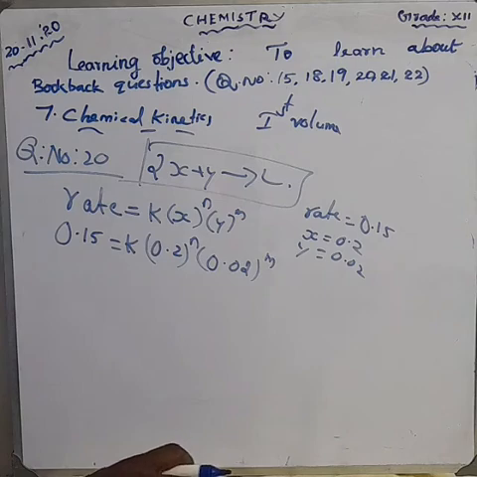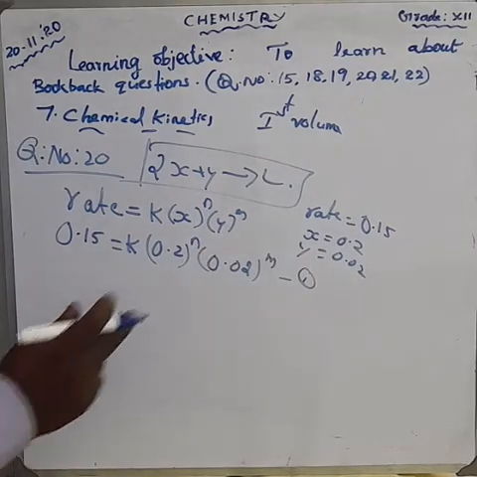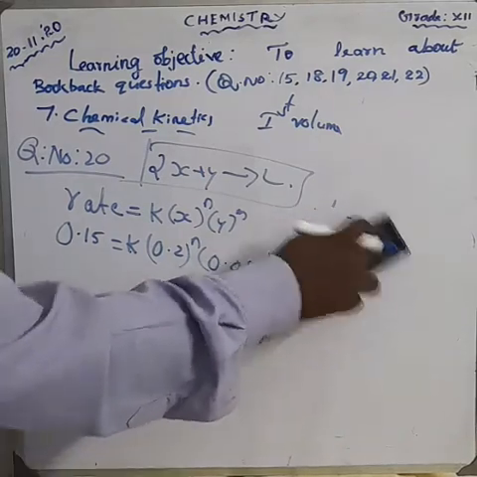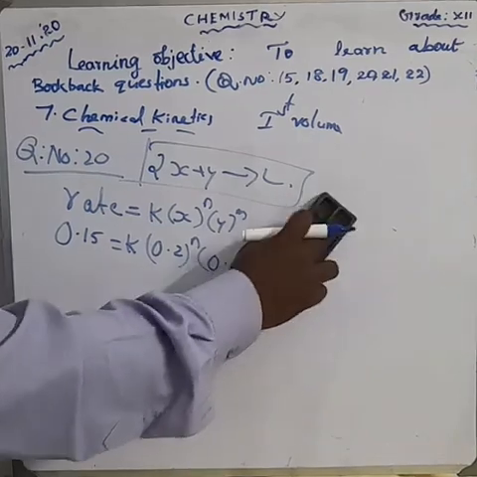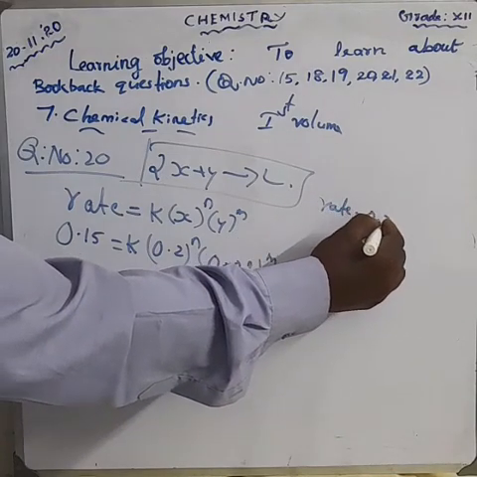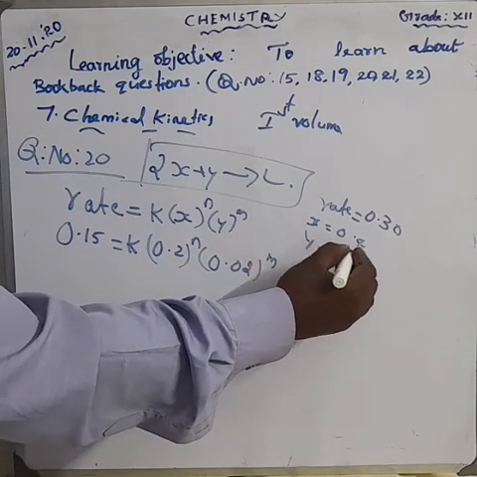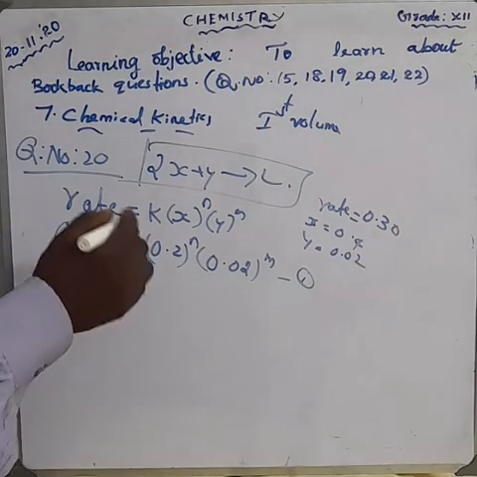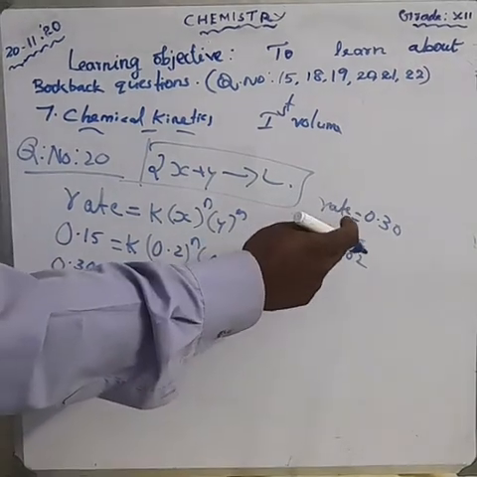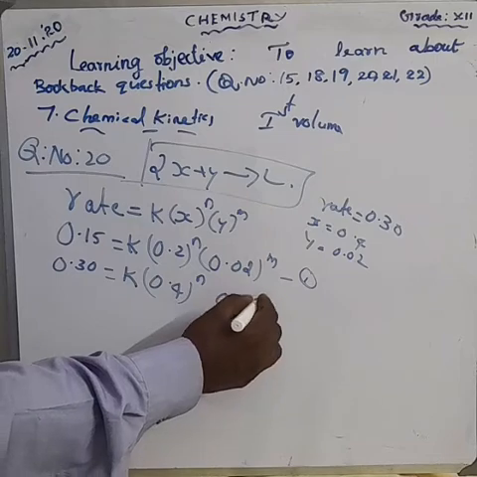This is equation number 1. As per the data, rate 0.30 is equal to k, the X value is 0.4 and the Y value is 0.02: 0.30 equals k into 0.4 to the power n, 0.02 to the power m.